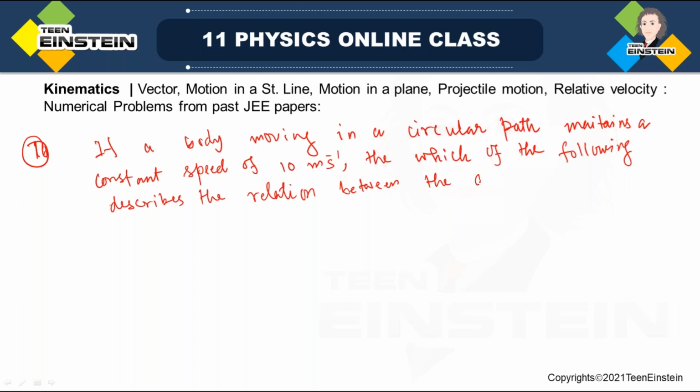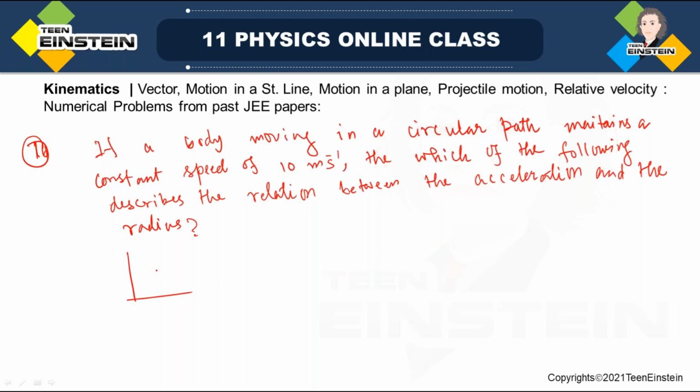This is a graphical problem, between the acceleration and the radius.